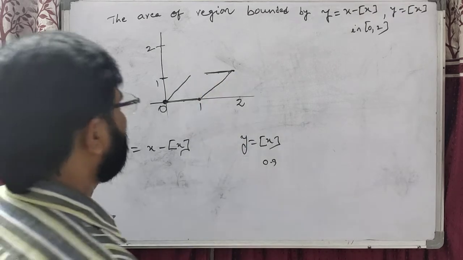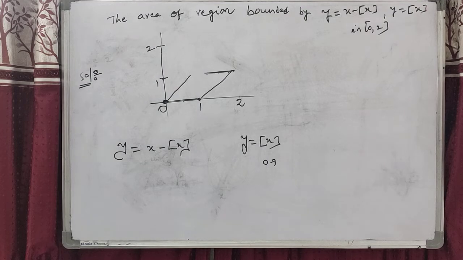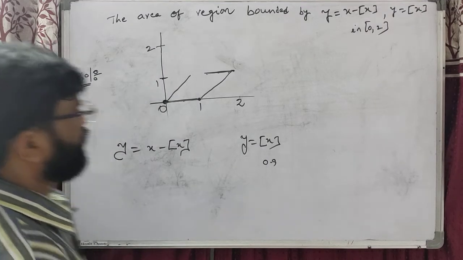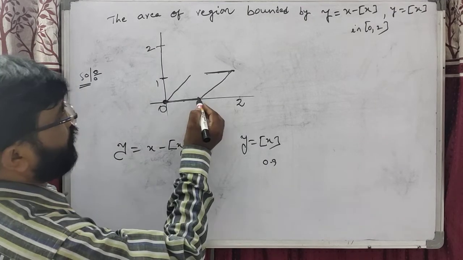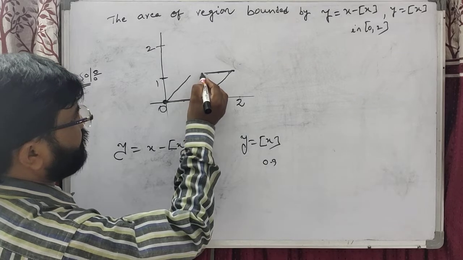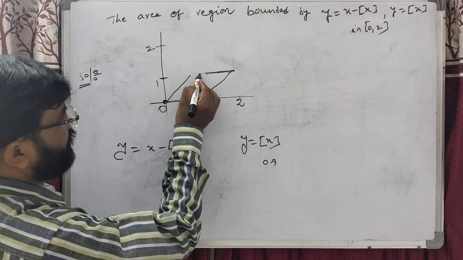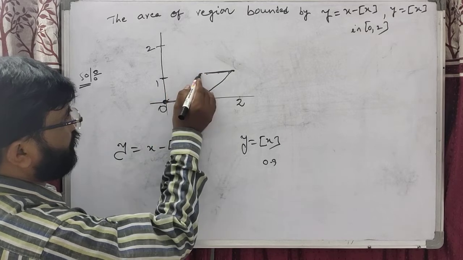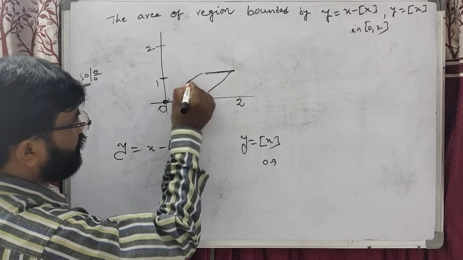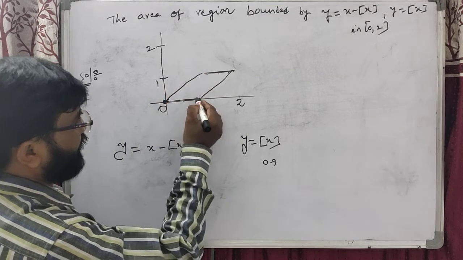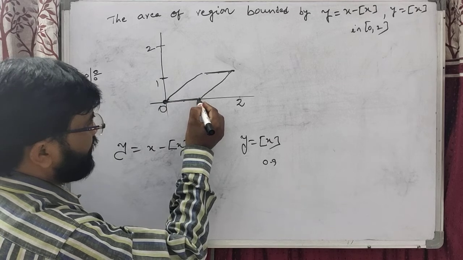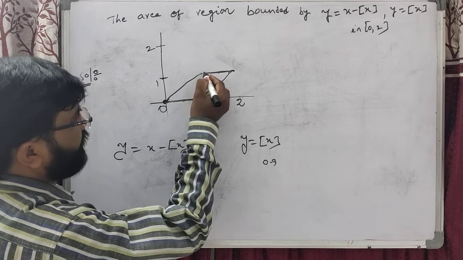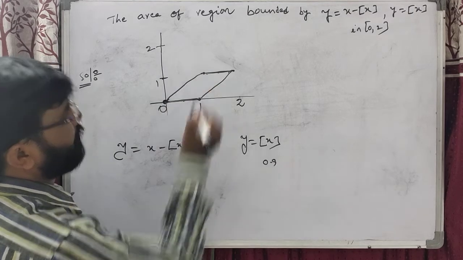So undoubtedly we can apply here, students. When we take 1, it is 1. This means when we take this one, it is nearer to 1. Already I explained 0.9 is 0.9. So nearer to 1.